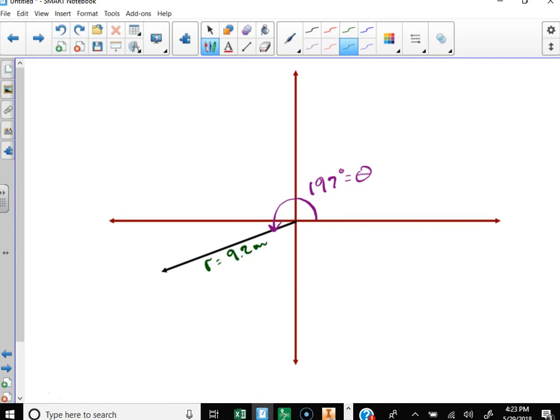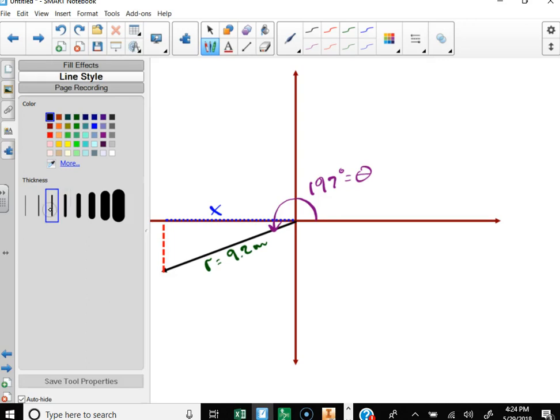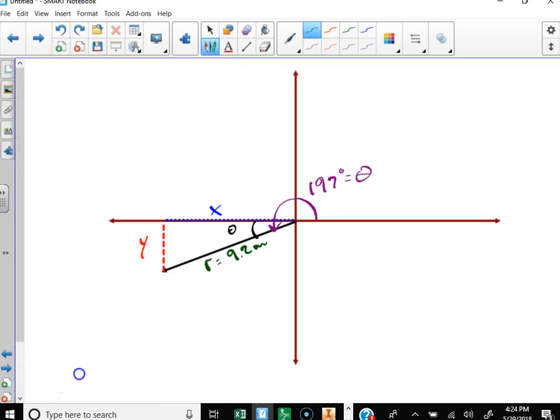So what I want you to find are the following. You could probably already guess. I want you to find the y side, the y component, or coordinate, I want you to find x, and I want you to find, you're going to need this, the reference angle.